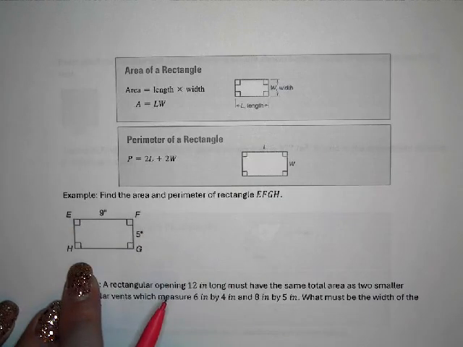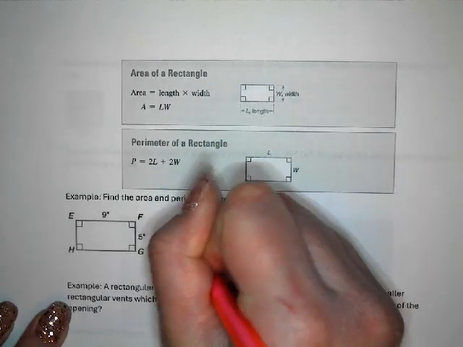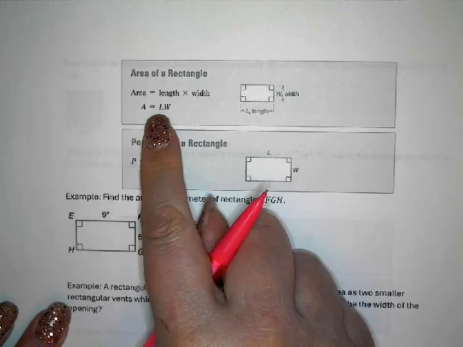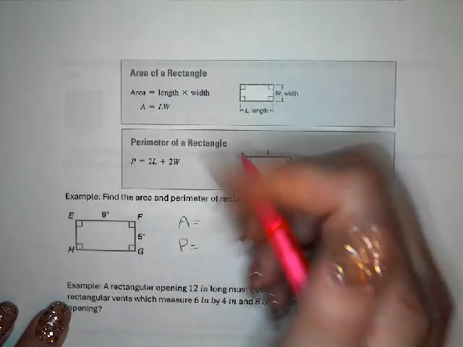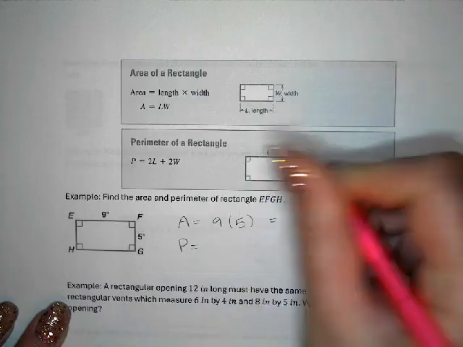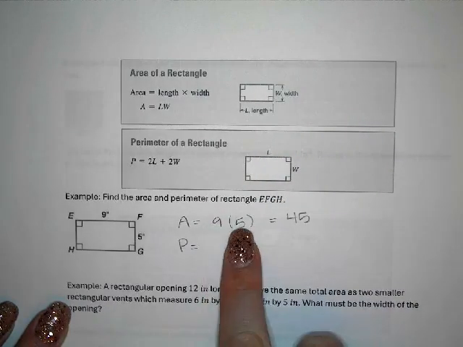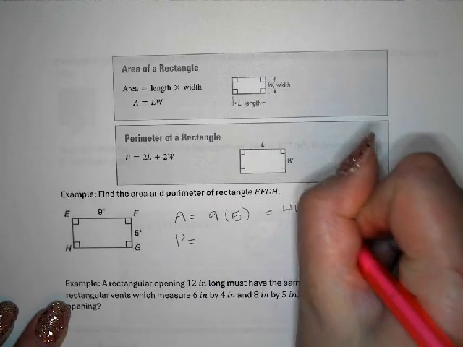So area and perimeter. The area is the length times the width. So 9 times 5 is 45. And we had inches times inches. And so that makes this inches squared.